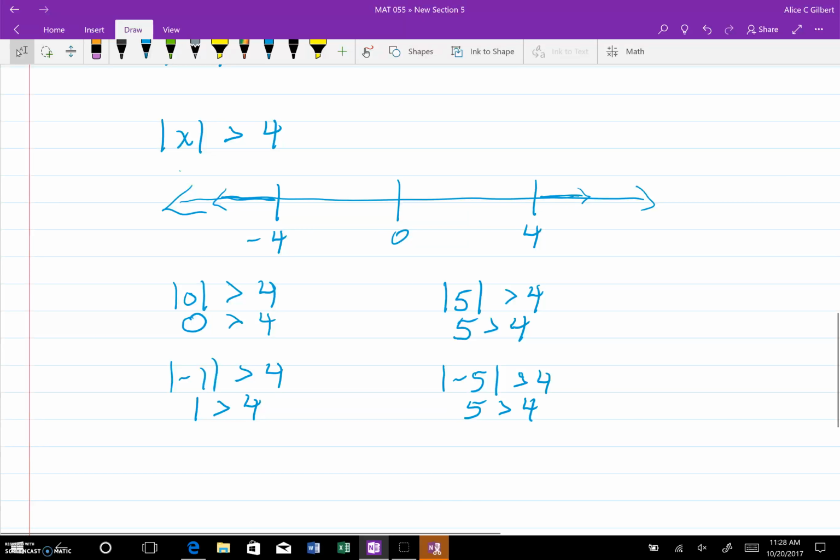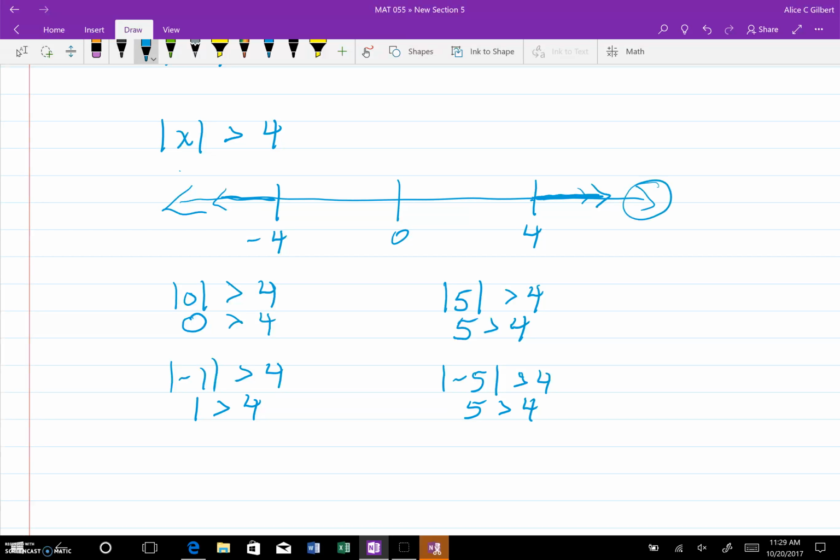But what we have here now is a range of things. Everything beginning with 4, actually just a little bit to the right of 4, because this isn't also equal to. If it was also equal to, then it would include exactly 4. All the way up to, and what's on this side?